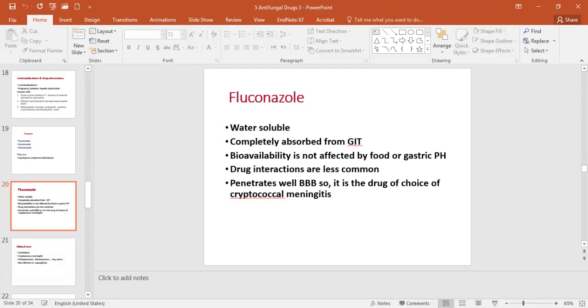The drug interactions are less common and it penetrates the blood-brain barrier well, so it is the drug of choice in cryptococcal meningitis.